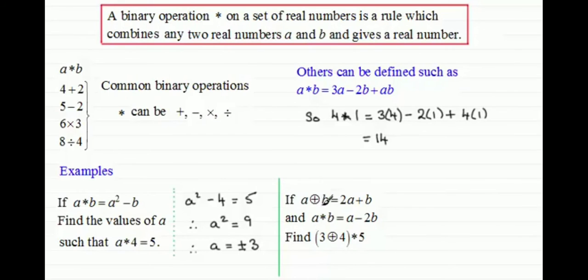For the second example, there are two binary operations. We have to calculate 3 plus 4 star 5. We have to perform the operation within the parenthesis first. Then the operation which is outside the parenthesis should be executed next.